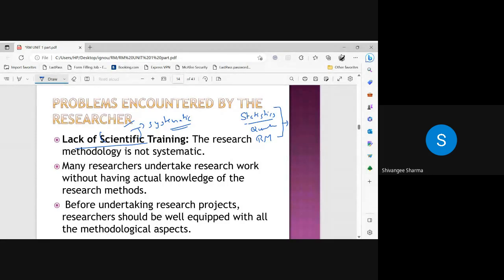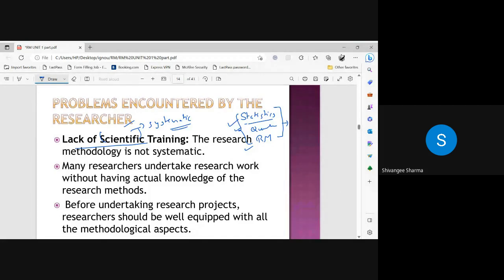So if you have covered all the aspects and methods, then only your research will be fruitful. But you study statistics or quants in first semester and you are studying RM in third semester. So the criteria can be lost somewhere, right? As I asked about correlation, I have to remind you what were the methods for analyzing correlation. So lack of scientific training is the basic problem which is encountered by researchers.